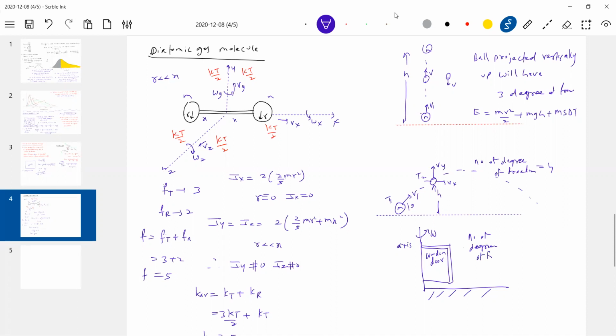Number of degrees of freedom should be equal to how much? 3. 1 due to rotational kinetic energy. Next, another one is gravitational potential energy. Then another one, I'll write all the things, elastic potential energy, U_E. Sir, what about viscous drag, air drag?